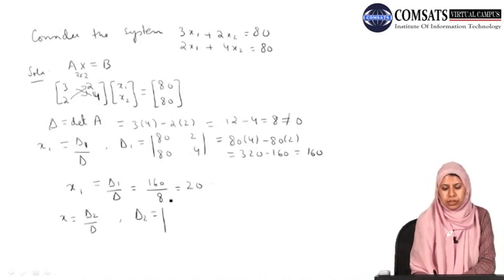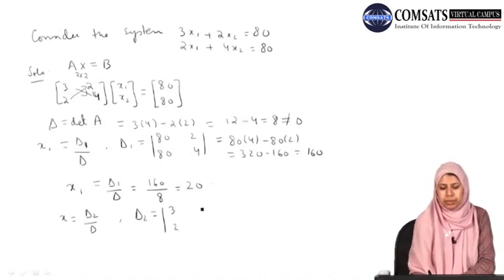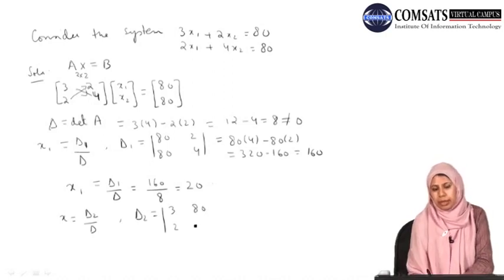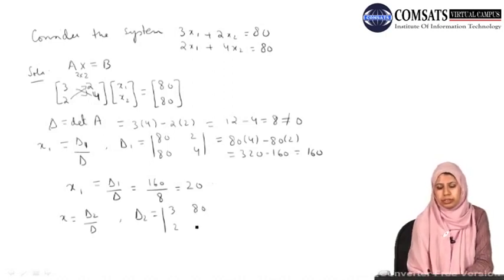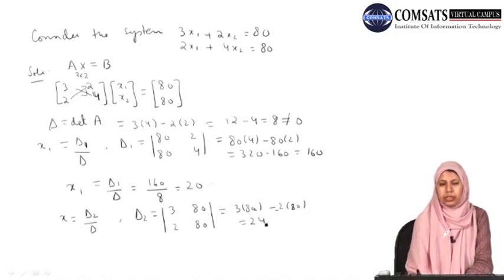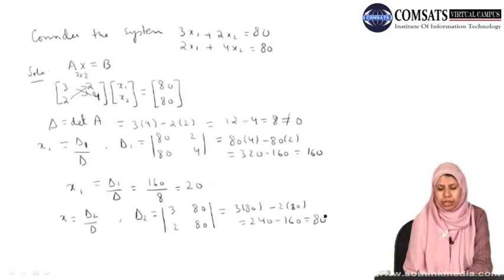That is, the first column stays as it is and the second column will be replaced by the matrix of constants, which is 80 and 80. Taking the determinant, we obtain 3 into 80 minus 2 into 80, which is 240 minus 160, which is 80. So we have calculated the determinant delta 2.